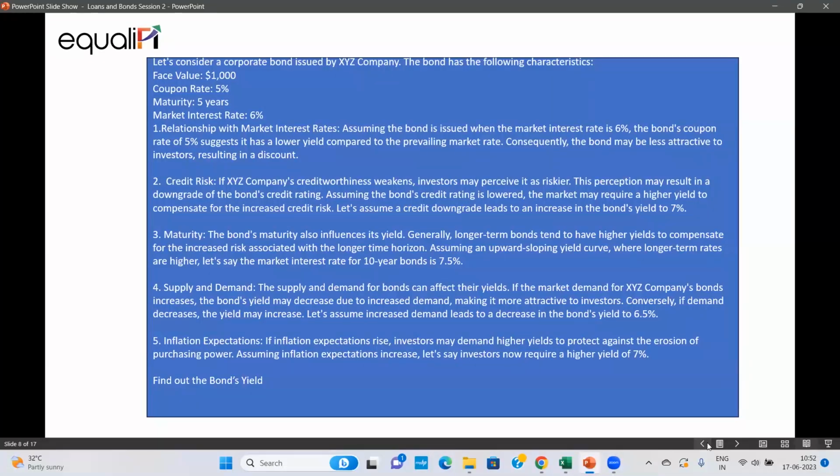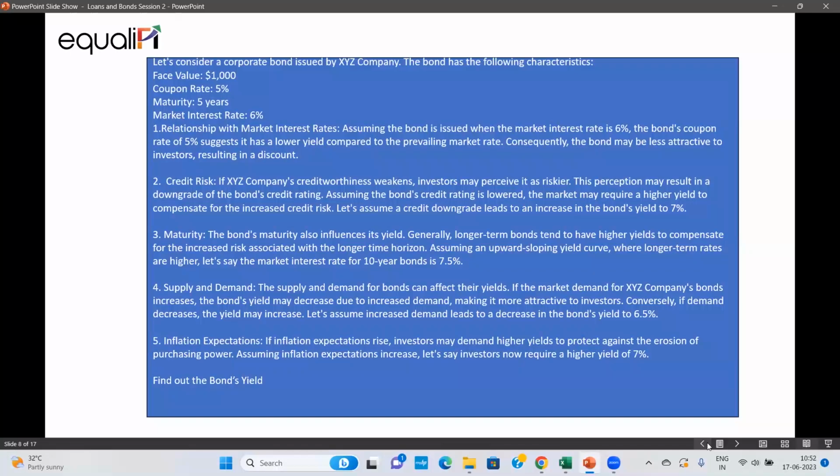The bond's maturity also influences the yield. Generally, longer term bonds tend to have higher yields to compensate for the increased risk associated with the longer time. Now, assuming an upward sloping yield curve, the long-term rates are higher. Let's say the market interest rate for 10 year bonds is 7.5%, right? So again, from 6% to 7.5%.